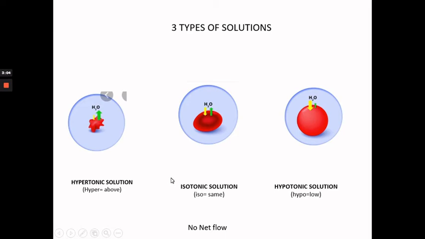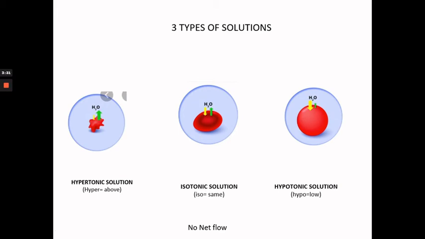The next is isotonic solution, which is the same concentration within the cell compared to around the cell. And in this case, the same amount of water will leave the cell as will move into the cell. There is no net flow of water molecules. And lastly, we have hypotonic solution.